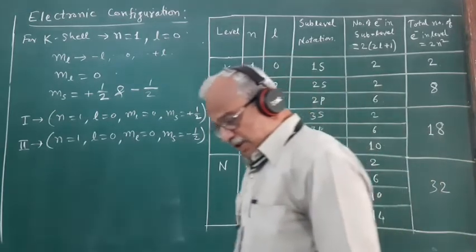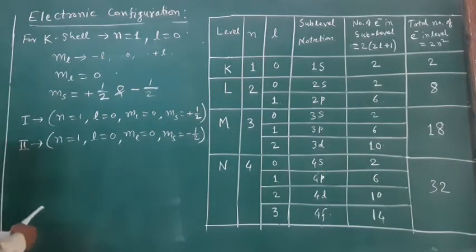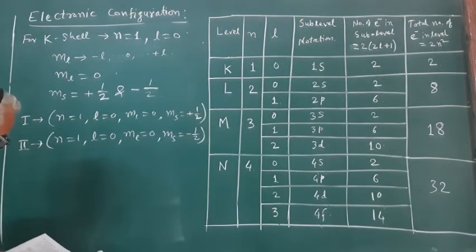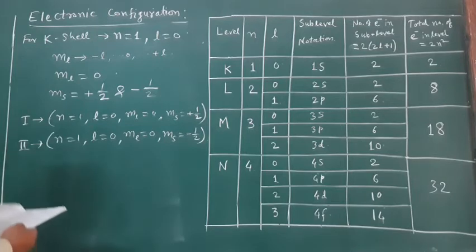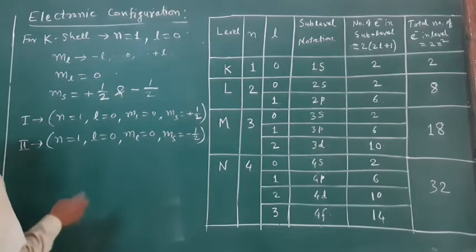So no third set is possible, and this is in accordance with the Pauli's exclusion principle, and the K shell can have only 2 electrons.